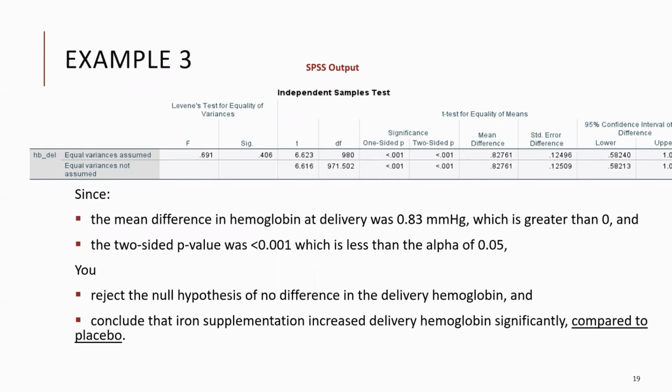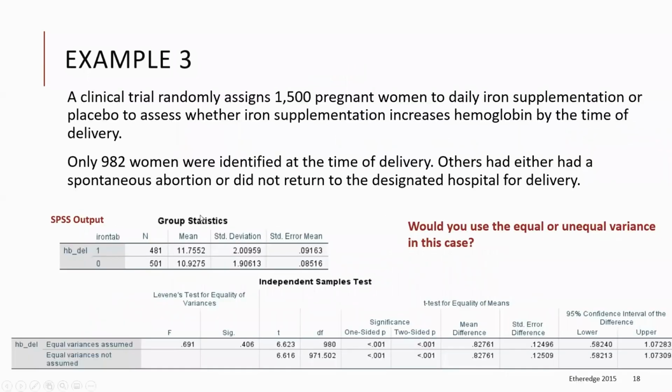And then we look at this to say the mean difference at delivery is 0.83, and that's greater than 0. Sorry, let's go back to the test statistics. Okay, that's the mean difference here, 0.83.